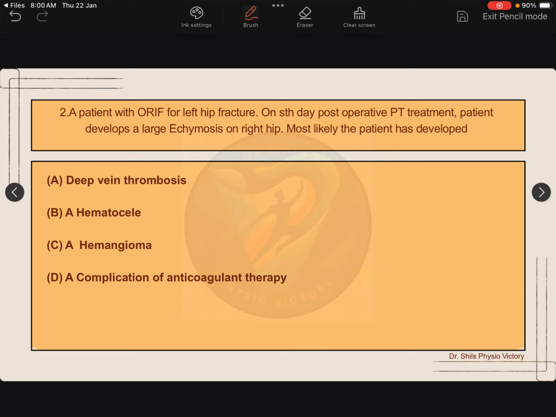Most likely, the patient has developed option A, deep vein thrombosis, option B, hematocele, option C, hemangioma, option D, complication of anticoagulant therapy. Here, the correct answer is option D, complication of anticoagulant therapy.